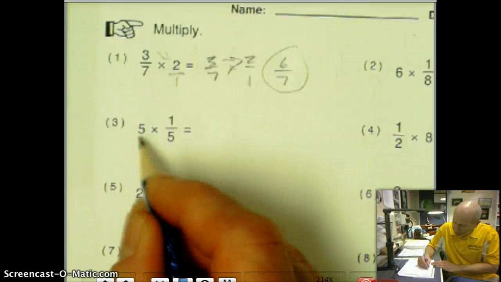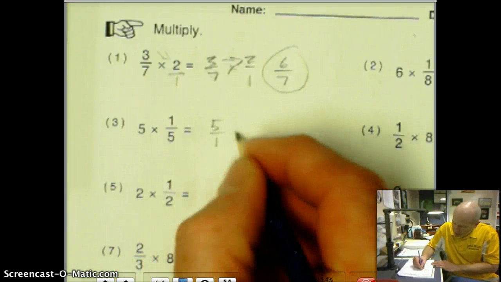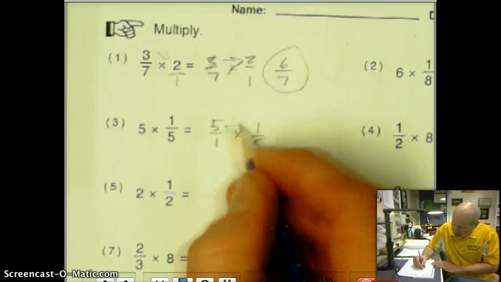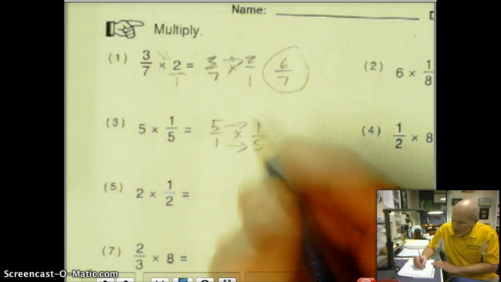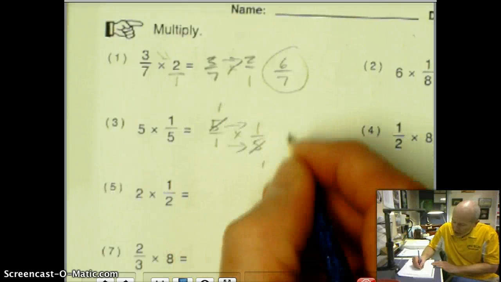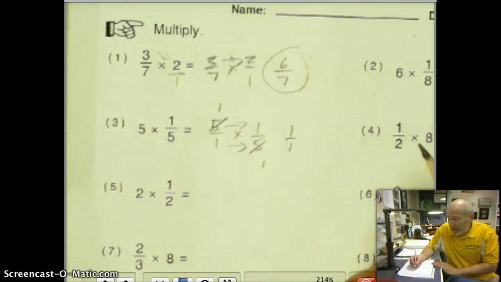Down here, 5 times 1/5, I'll rewrite that as 5 over 1 times 1/5. I can multiply straight across and I'd have 5 over 5, or I can recognize that I can divide each of those by 5 and get 1 over 1. 1 over 1, 5 over 5, it's the same answer.